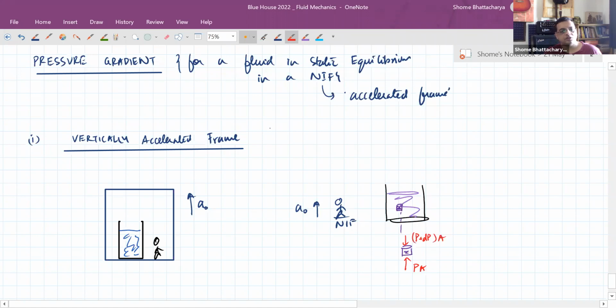But now there will be a combination of two more forces acting on it, as you correctly said. Along with weight, there will also be pseudo force, which will be acting downwards.